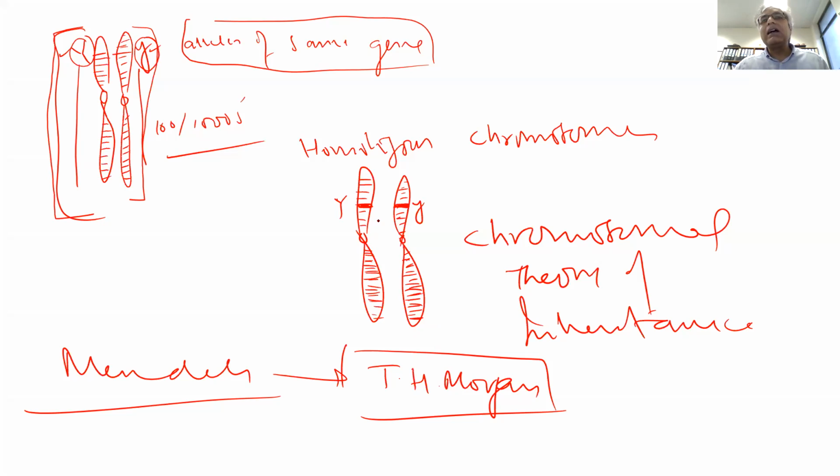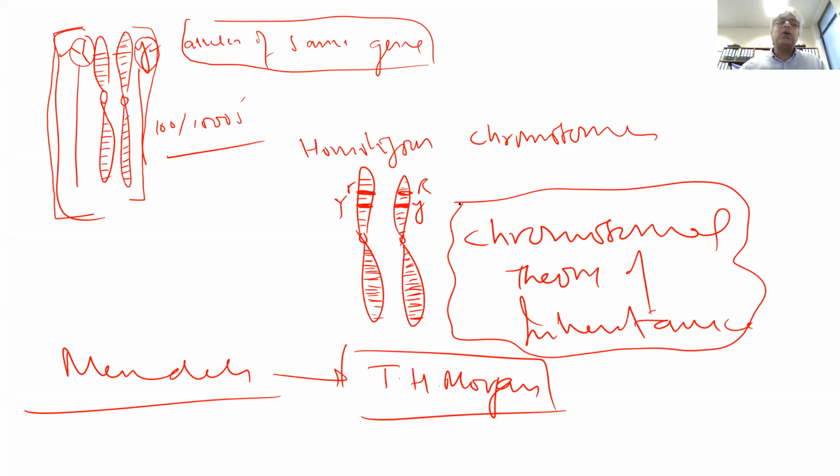So Morgan questioned, what happens if I have yellow and wrinkled, green and round on the same chromosome? Before Morgan, people proposed that Mendel had no idea what we are talking about. Mendel did not know genes reside on chromosomes, or about homologs.